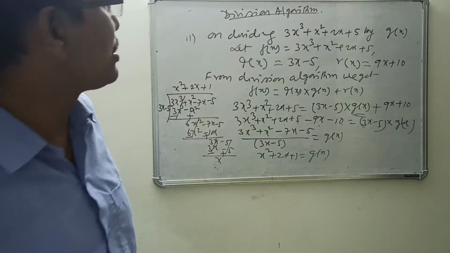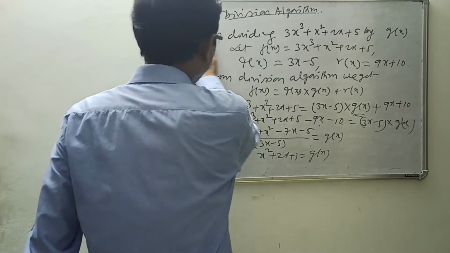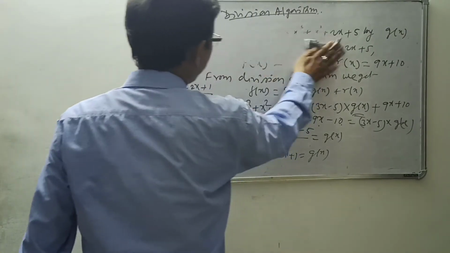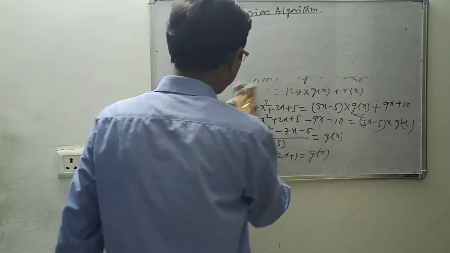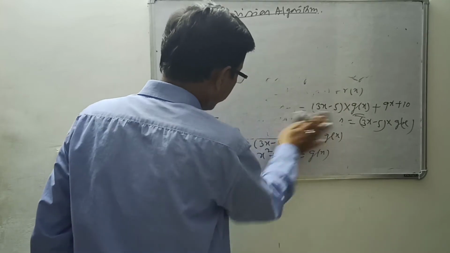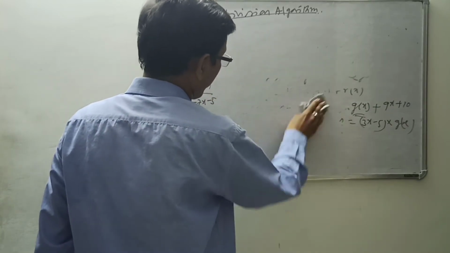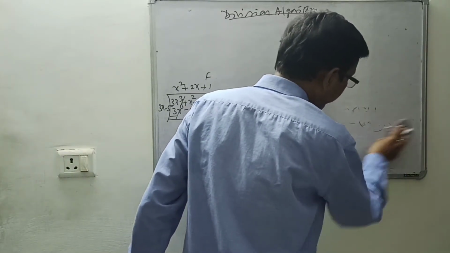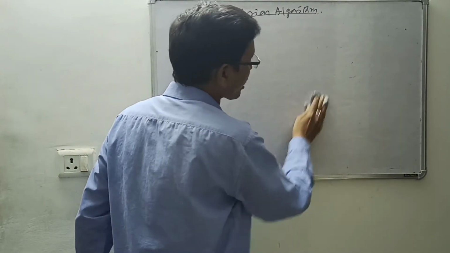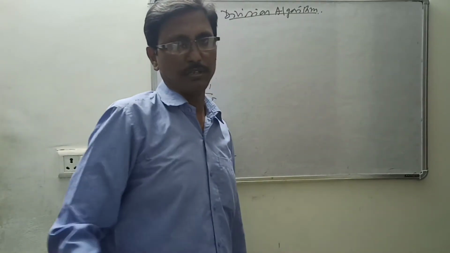So by the long division method, you have to calculate first and then compare with the given remainder. A polynomial is divided by another given polynomial. When you divide, your dividend and divisor both must be in the arranged form.